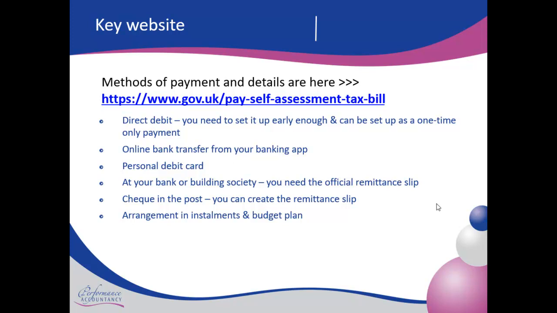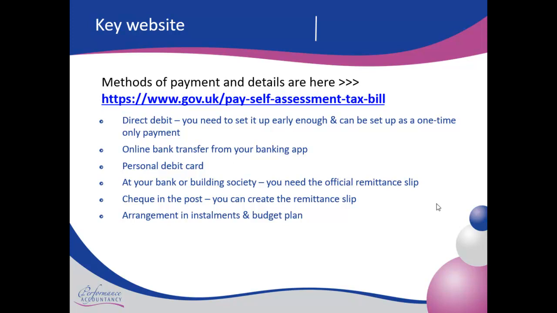You can also phone them and pay by personal debit card. I think you can also probably pay by personal debit card on the online account. You can go into your bank, but you will need a remittance slip to do that. Or you can send cheques in the post and you can create a remittance slip. And there are various other things, instalments and budget plans, etc.